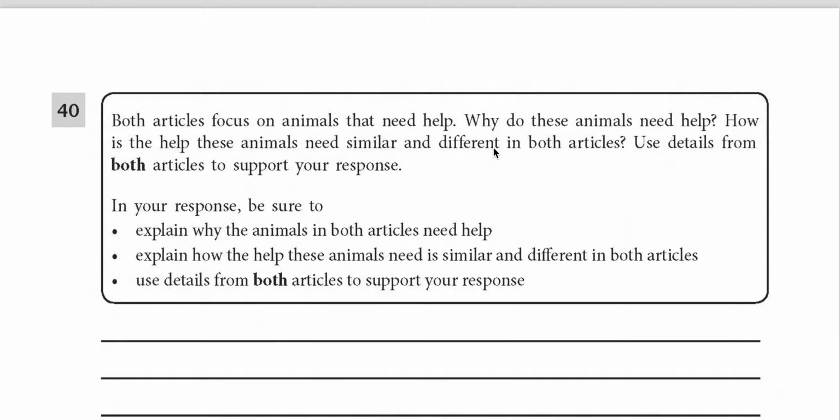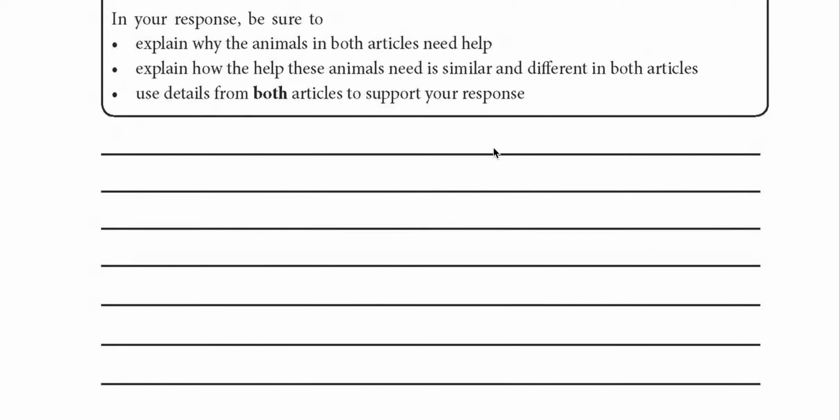In both articles, use details from both articles to support your response. So this really requires students to read the articles carefully, because they're going to have to now compare those articles and summarize them in a way, really synthesize their ideas and see what's similar and what's different between these articles.